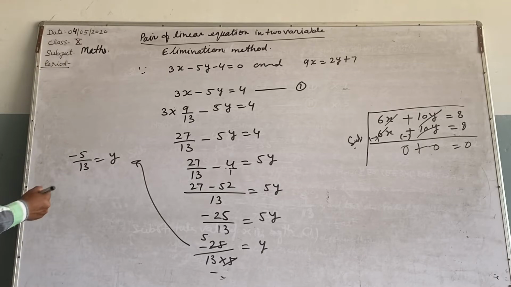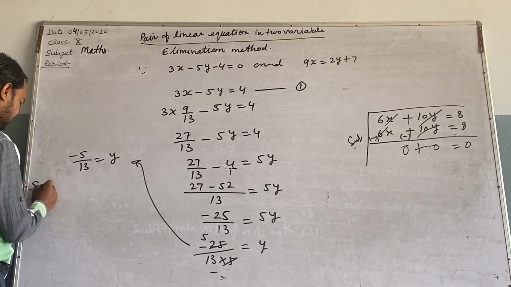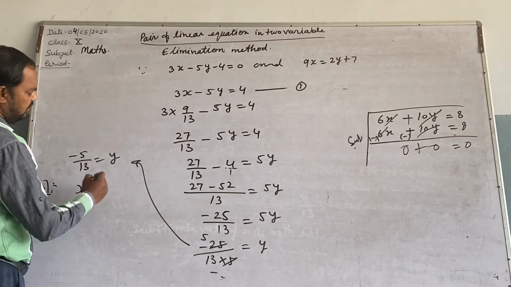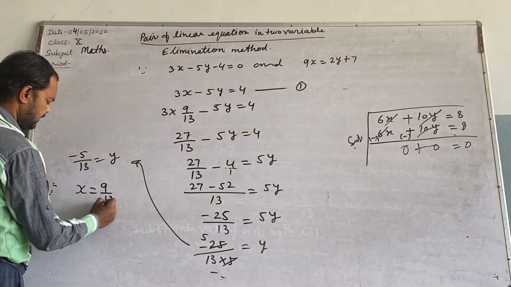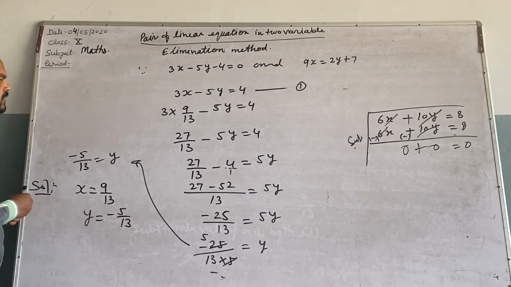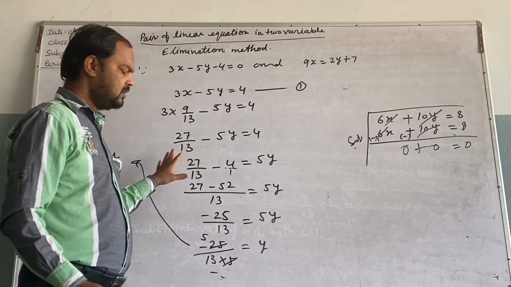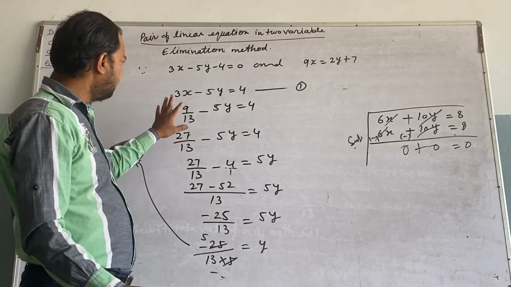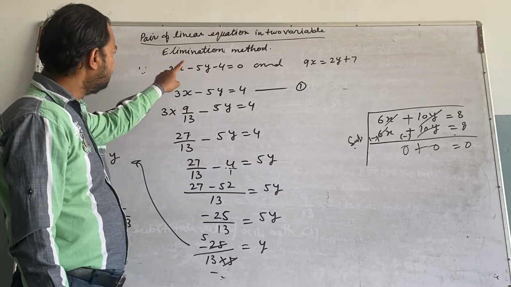In this way, we find that x equals 9 upon 13 and y equals minus 5 upon 13. This is the method of solving a pair of equations, that is the elimination method.